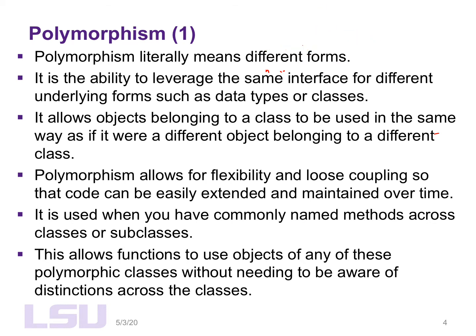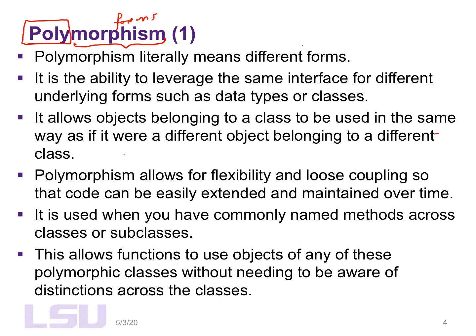And now we move on to polymorphism, which is probably the most complex of the three, but very simple. Poly, multiple, right? Many. Morphism is forms. So it's multiple forms. That's the literal meaning.